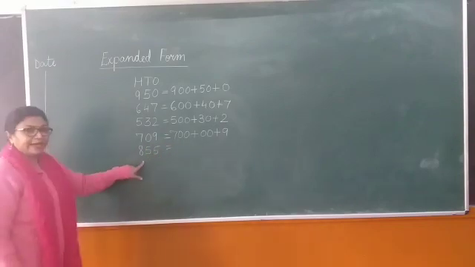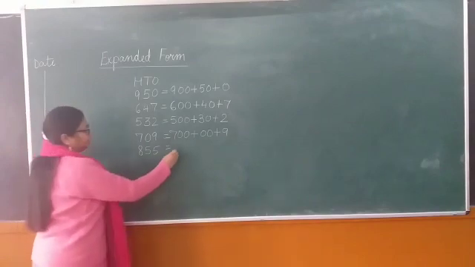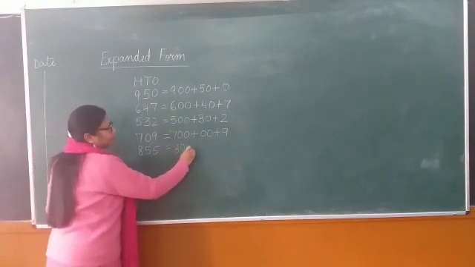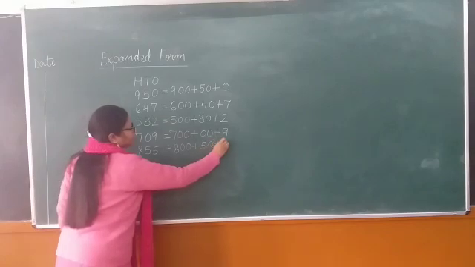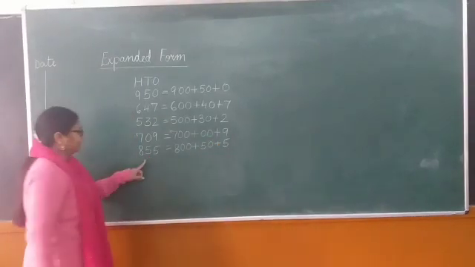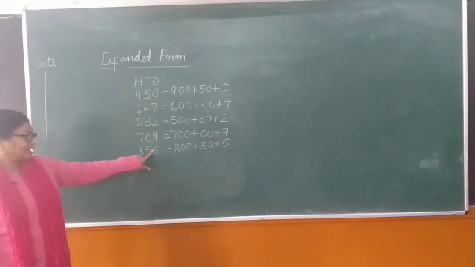Now again 855. So your 800 plus 50 plus 5. Because your 8 is in hundreds place, 5 is in tens place and another 5 is in the ones place.